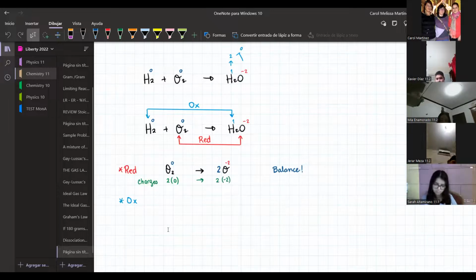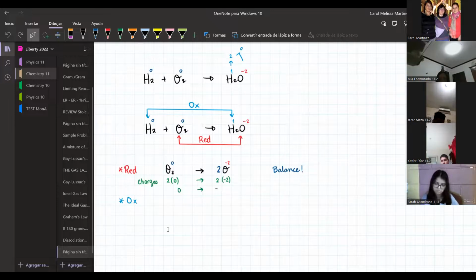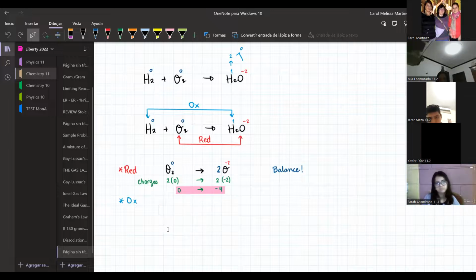So 2 times 0 gives you 0. And 2 times 2 gives you 4. So how many electrons is the difference between 0 and 4? Here you're going to make an adjustment with 4 electrons because it's reduction. Remember, the electrons are in the reactant. So the 4 electrons are going to be added here in the reactants.